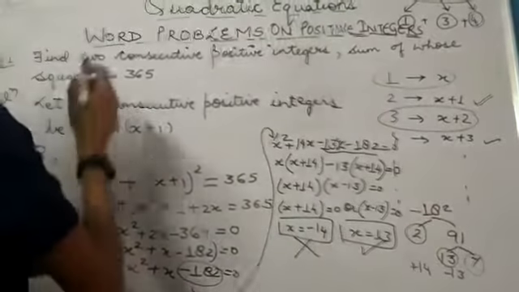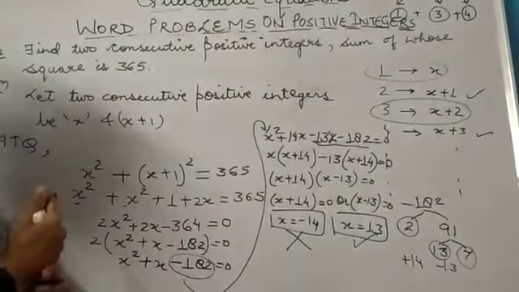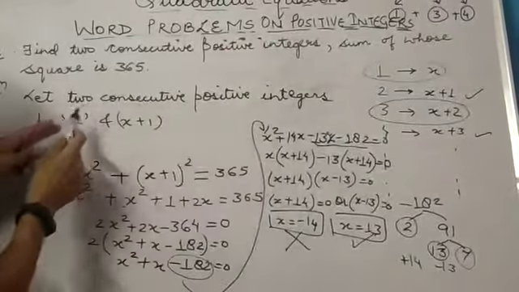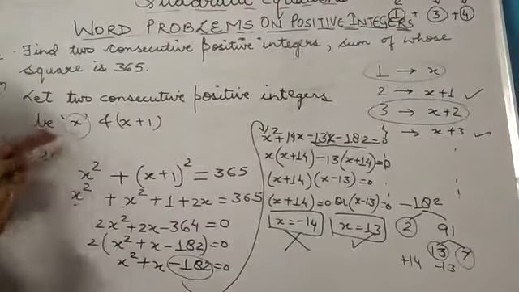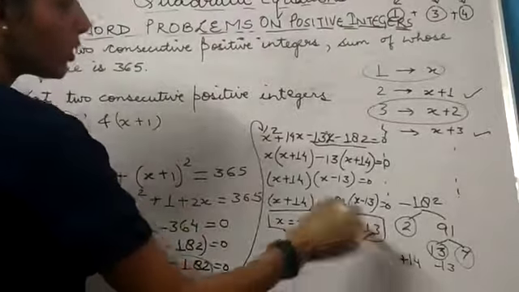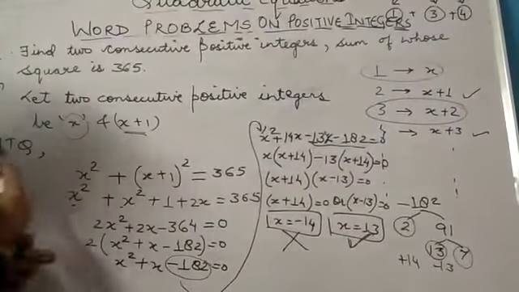Now in the question, two consecutive positive integers are asked and in the beginning we supposed one integer is x. So one integer is x and the other integer is x plus 1.